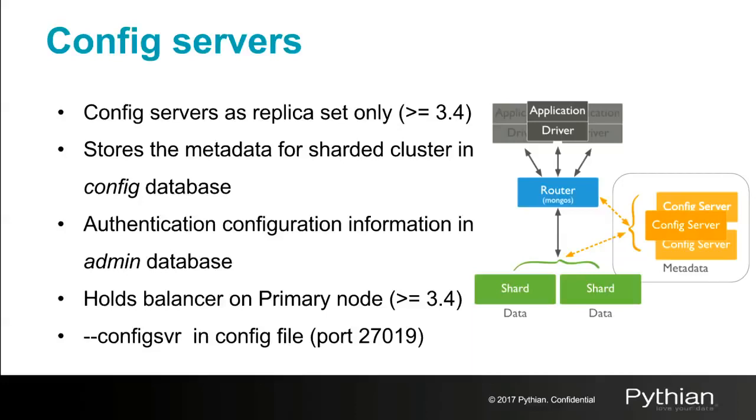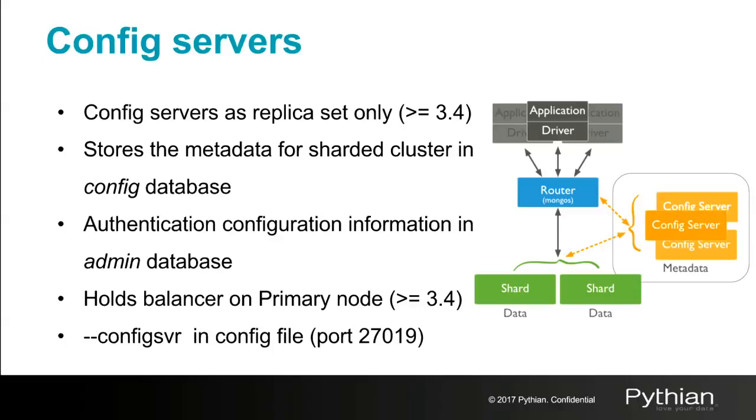The other important part of the sharded cluster is the config servers. The config servers store the metadata for the cluster, and that's where the information on what shard each document in the database is located resides.